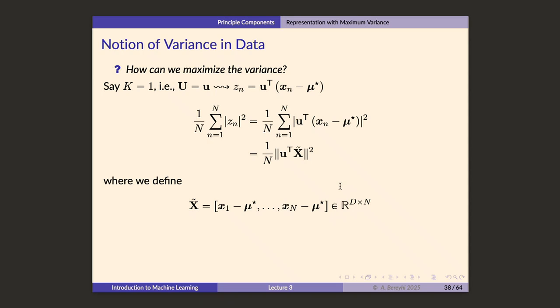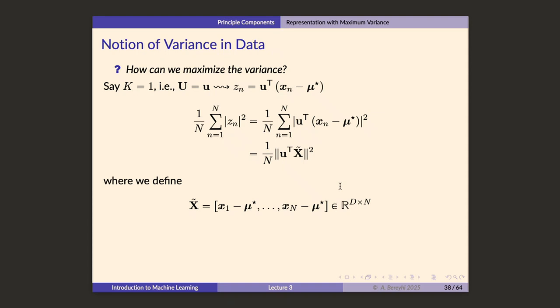I want to compute the norm of some vector A. Can I write it down as A transpose times A? Is it correct? Everybody agrees?